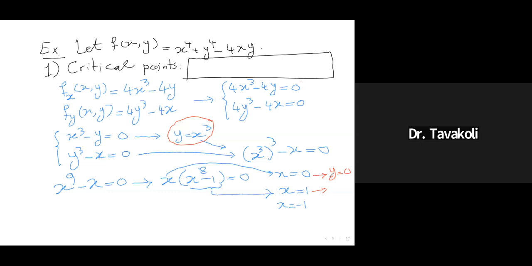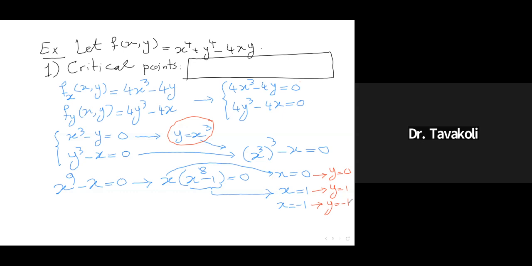When x is 1, the corresponding y is 1 cubed, so y is also 1. And when x is minus 1, y is minus 1 cubed, which is minus 1. So we use y equals x cubed to come up with these values of y corresponding to those x's.